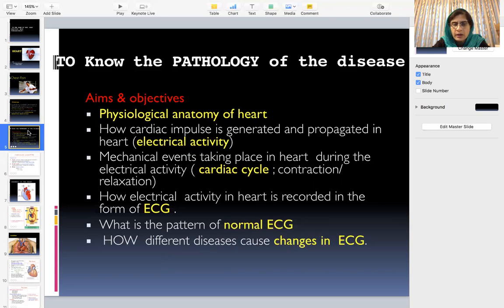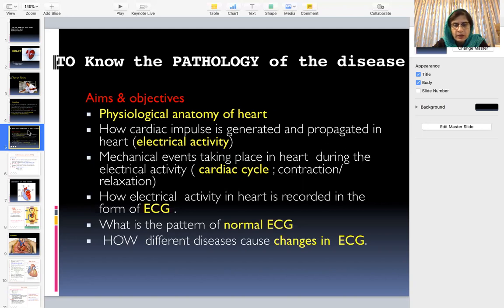The third is the mechanical events following the electrical event, which is called the cardiac cycle: how the heart pumps the blood into the general circulation.